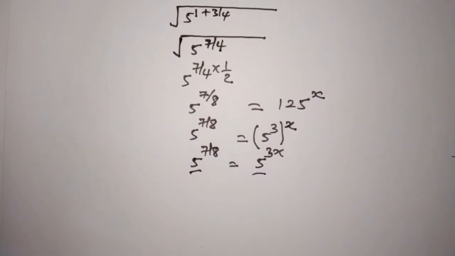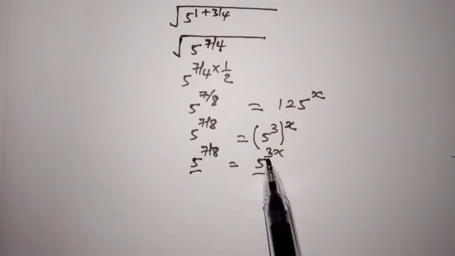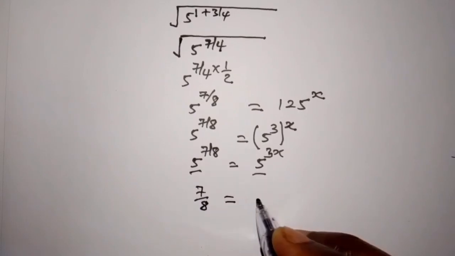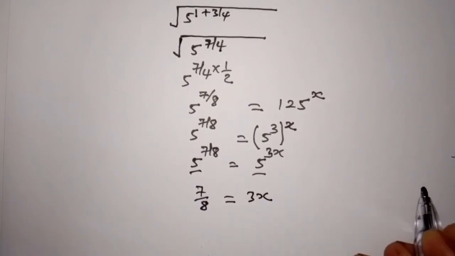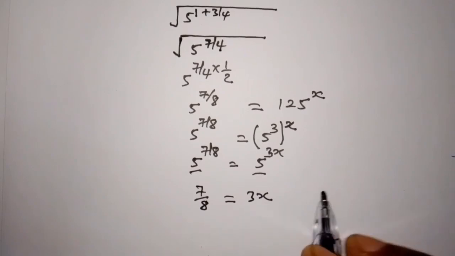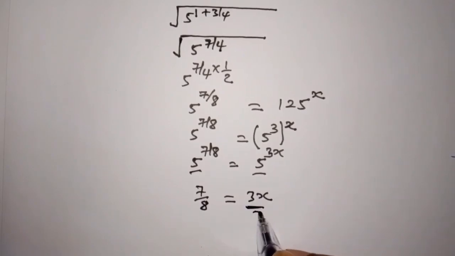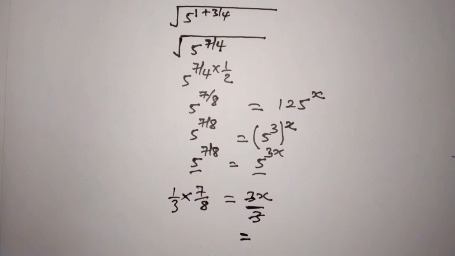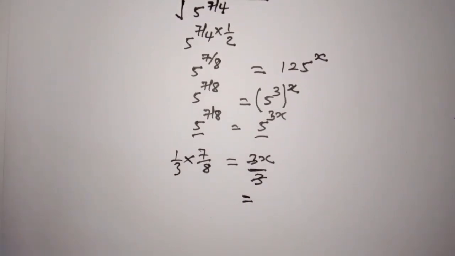This implies that we can equate exponent 7 over 8 to exponent 3x. So we can say that 7 over 8 is equal to 3x. We can divide both sides by 3. 3 cancels 3 here. We remain with x here.